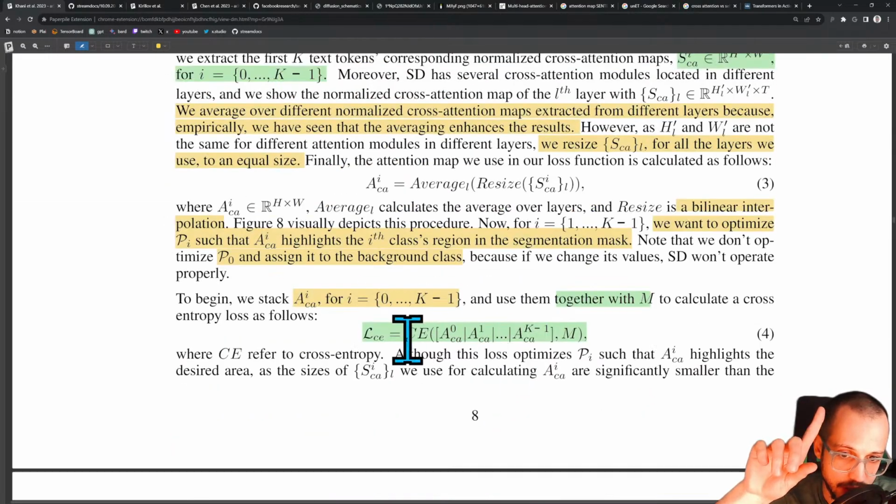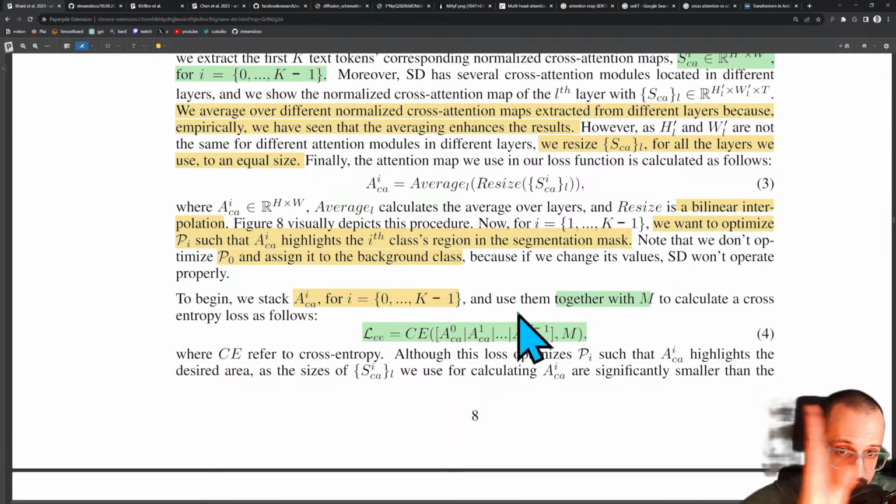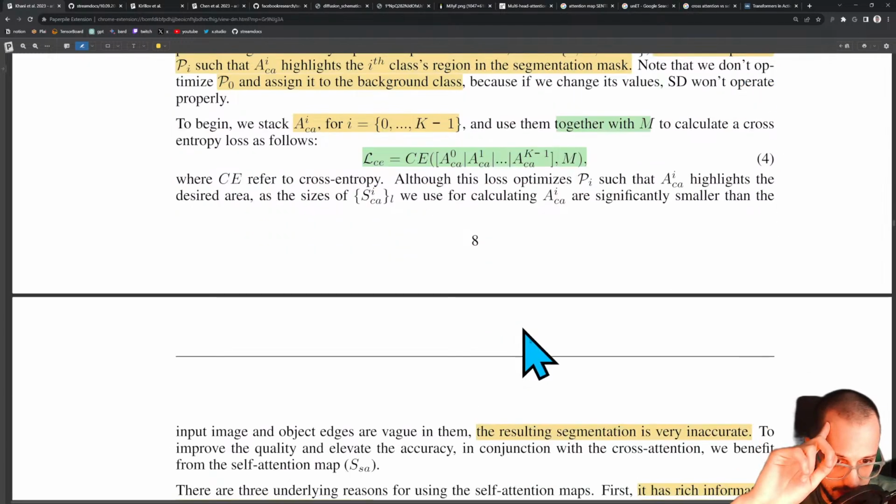You're going to have your cross entropy loss between all the different cross attention maps that are averaged for each of the tokens or each of the classes, right? And the mask. So you see here, this is the mask.